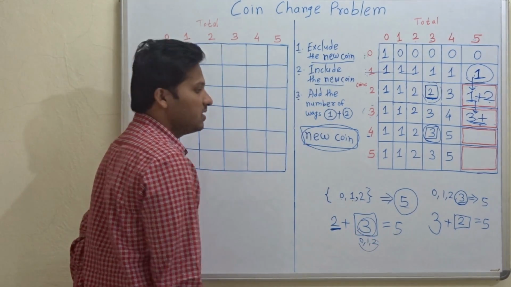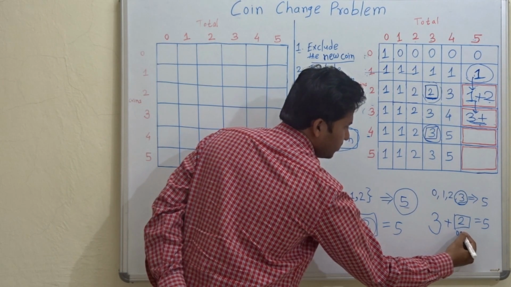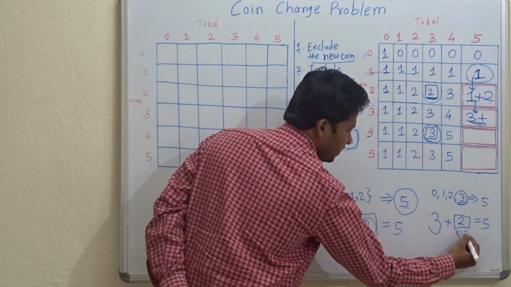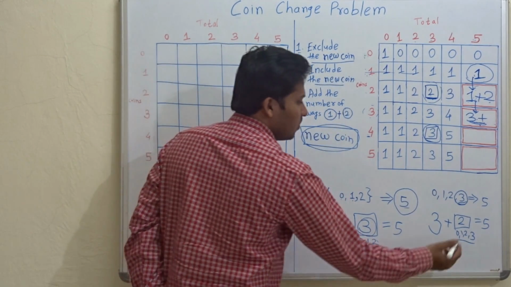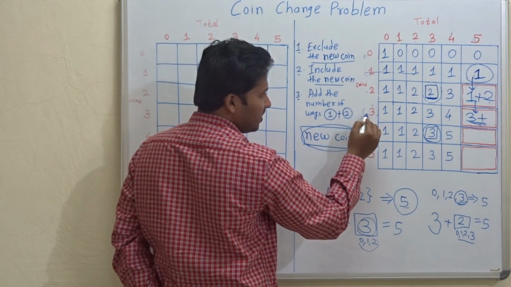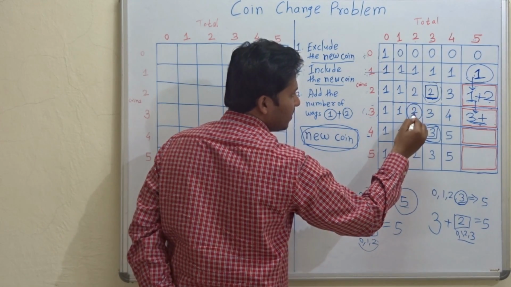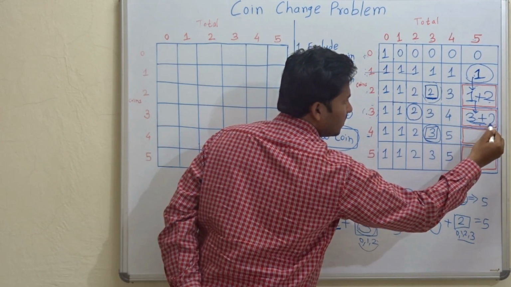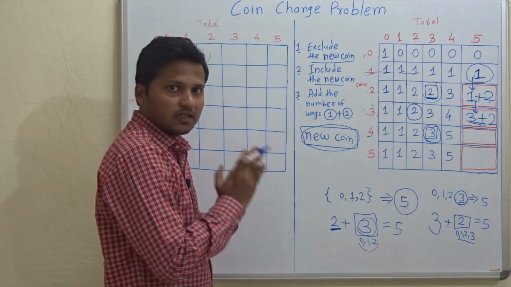So the problem drills down to forming 2 by using coins of denomination 0, 1, 2 and 3. Let's check the value by using coins 0, 1, 2 and 3 to make a total of 2. The value is here, so I write this value here. Now observe, there is another shortcut.